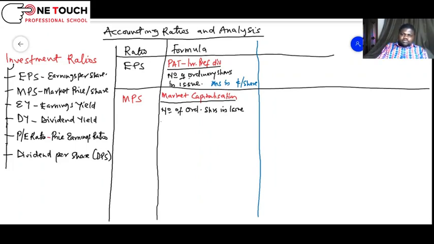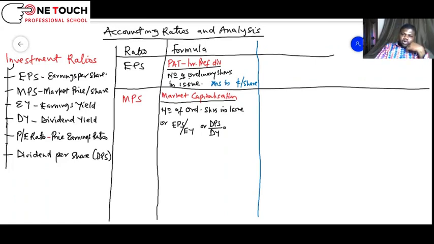Or it can also be earnings per share over earnings yield, or it can also be dividend per share over dividend yield. Dividend per share over dividend yield. It's very, very hot. Important. Very important.